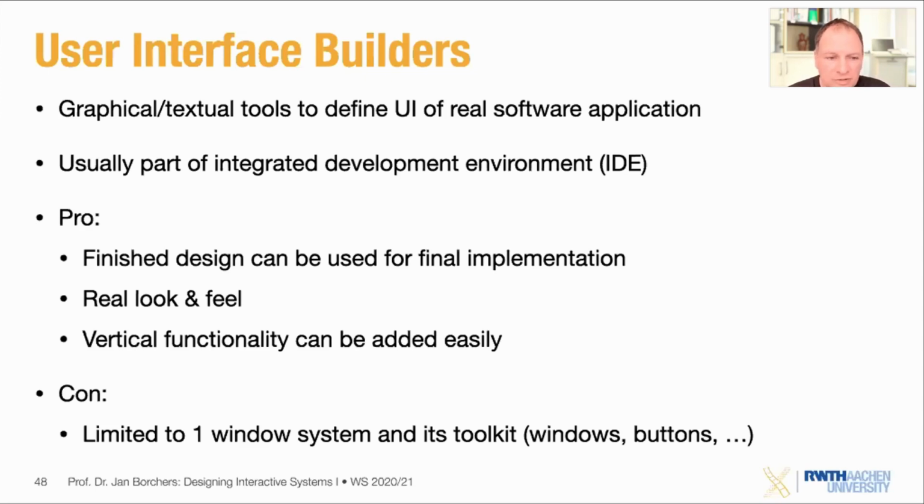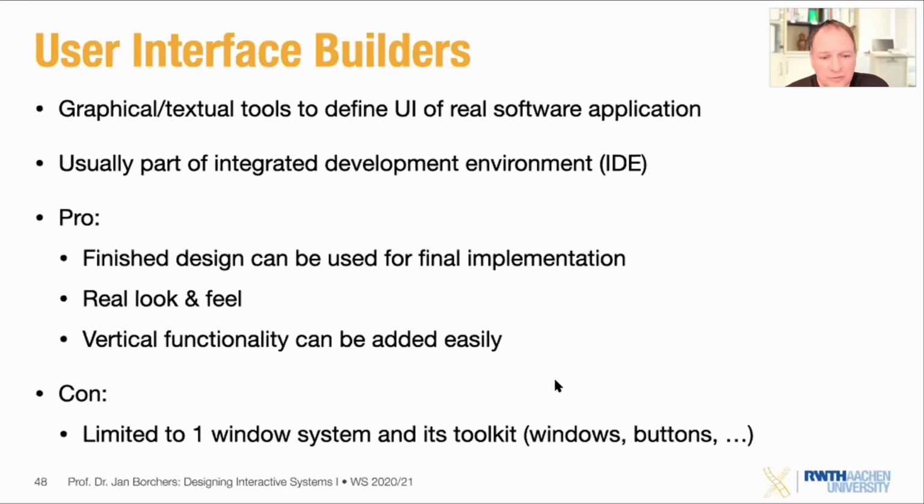You also get the real look and feel, right? That basically lets you really make things look and feel, which means interact, like the real thing, because it is the real thing, right? You're really building an app. And of course, it also is super easy to build vertical functionality into this, because that's what they're meant to do, right? They are there to design the interface, but they closely tie into the rest of the development environment to prototype something.